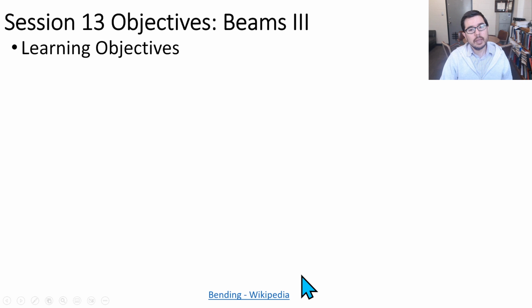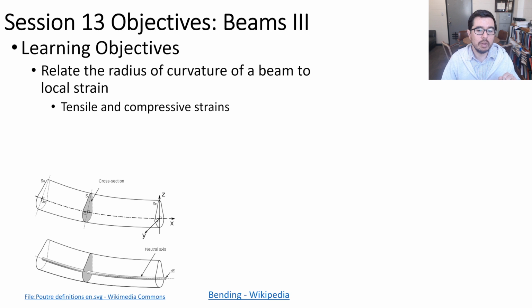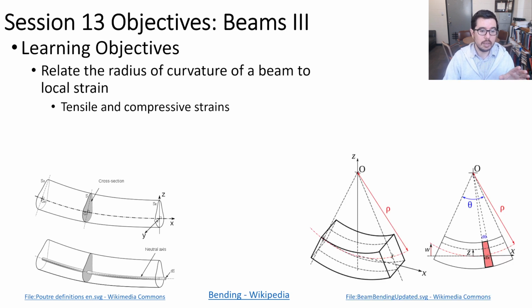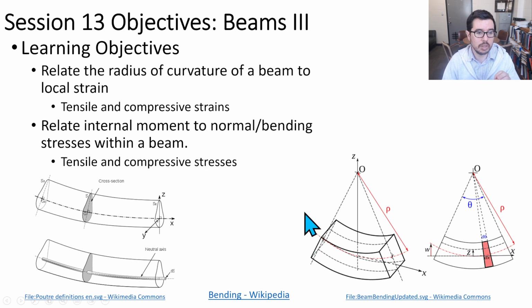Well, what have we learned in this session? We've covered how we can relate the radius of curvature of a beam to local strain, and we've looked at tensile and compressive strains. We've also discussed how we can relate the internal bending moment to normal or bending stresses within a beam, as shown here.